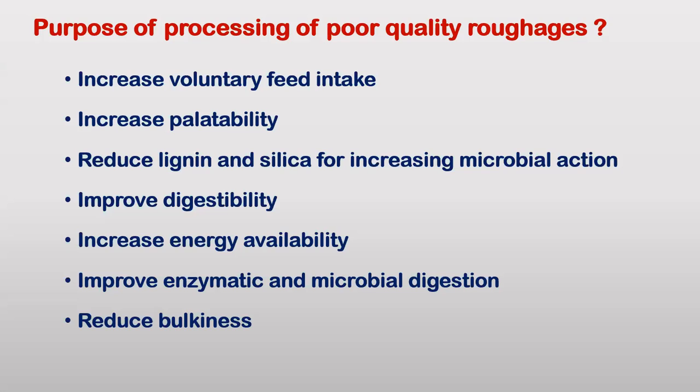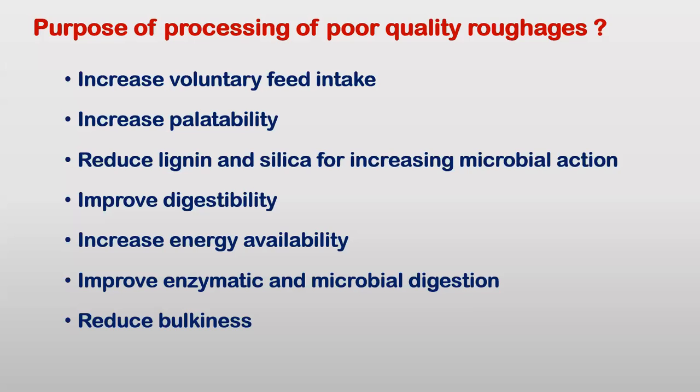So in this way, after processing poor quality roughages, we can improve the quality of the roughages, we can improve the nutrient availability, we can improve the digestibility of that roughage, and also we can increase its palatability. We can improve enzymatic and microbial digestion as well, and by processing we can reduce the bulkiness of the feed.